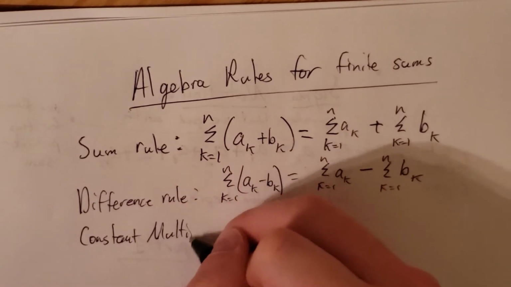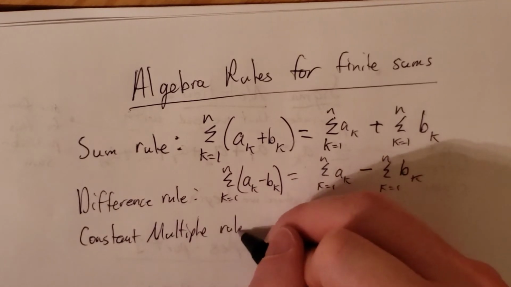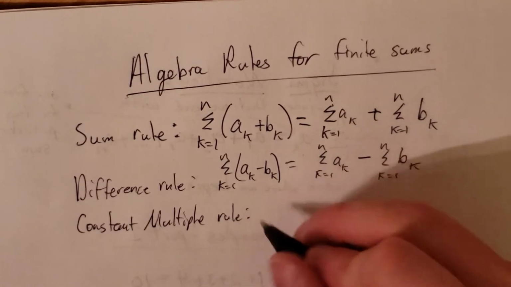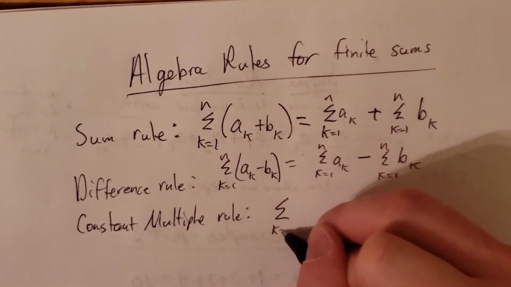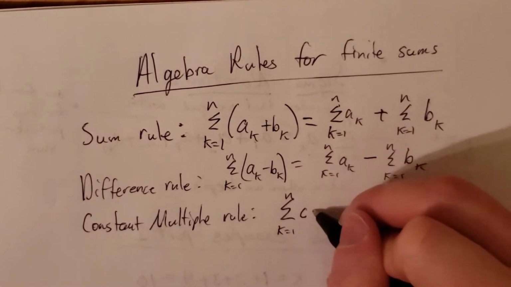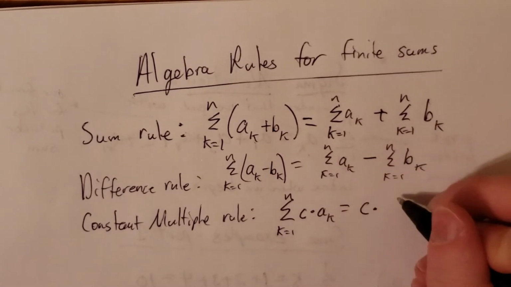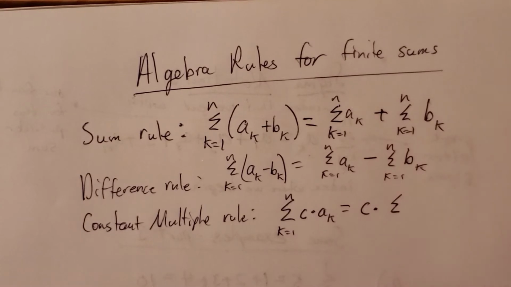What about a constant multiple? What happens here? So if c is a constant, then the sum from k equals 1 to n of c times a sub k is just c times the sum. Which makes sense, right?